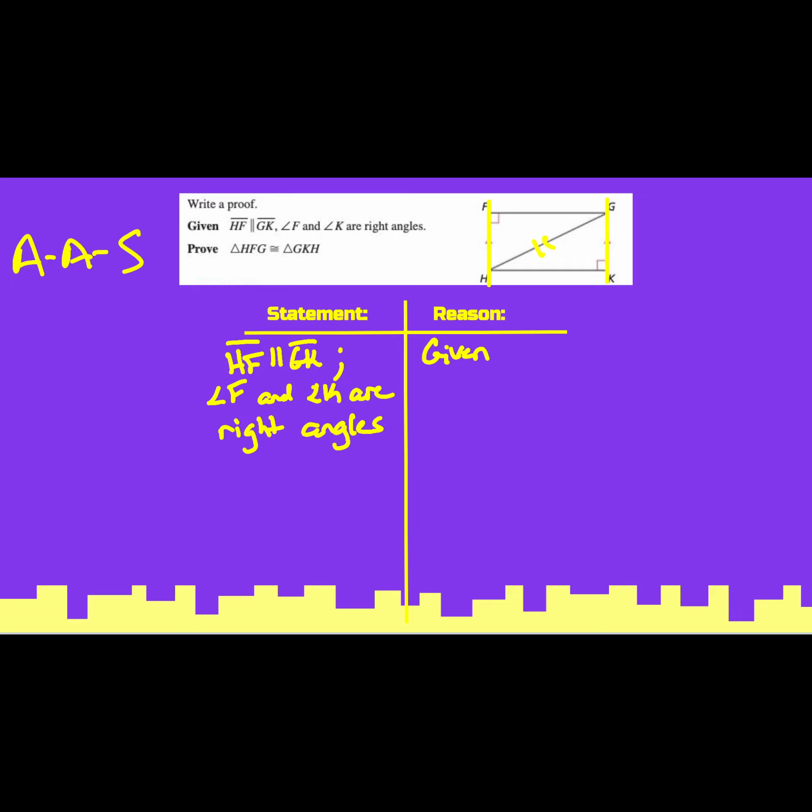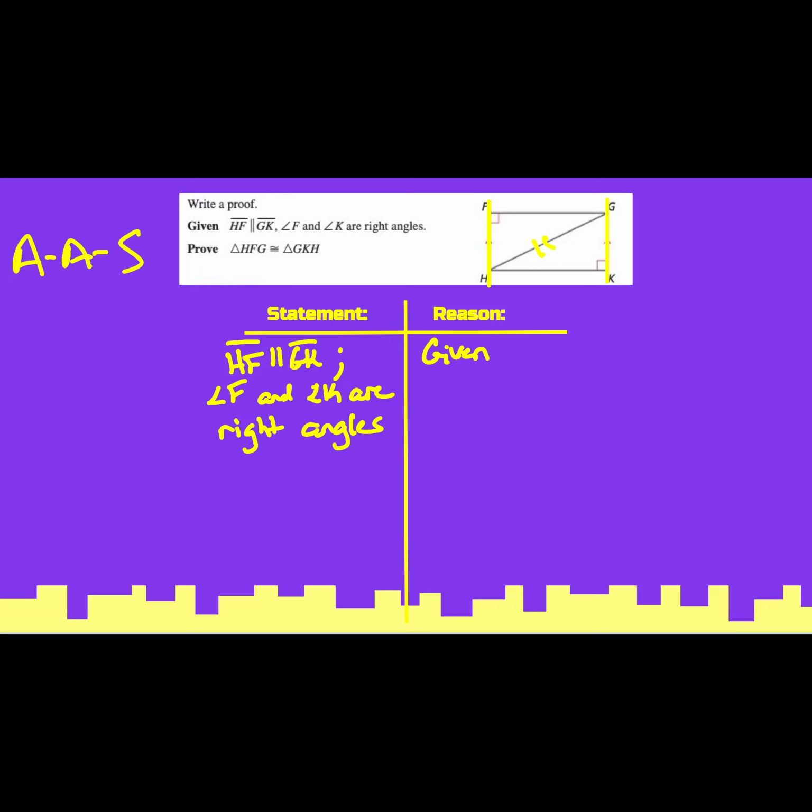Now, if we're trying to prove angle, angle, side, what did the given already tell us? They tell us we have parallel sides, which we'll use, but that didn't tell us that the sides were congruent. If F and K are right angles, what does that mean?